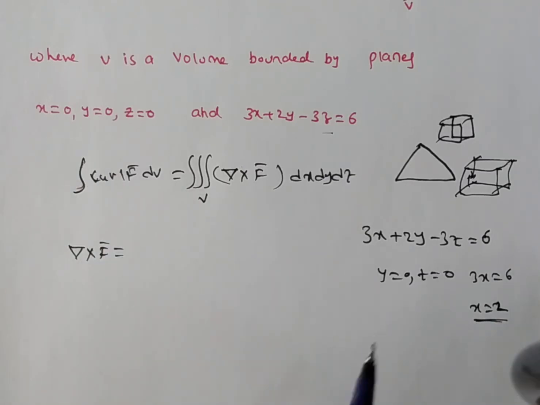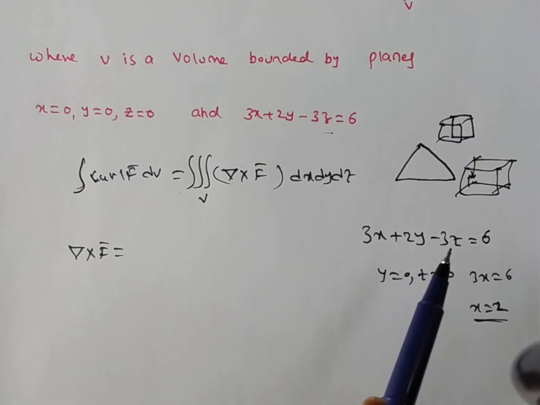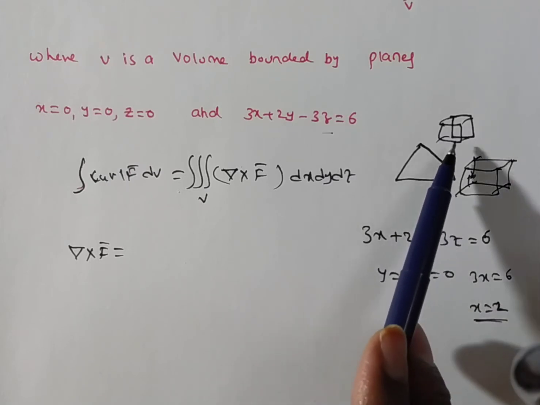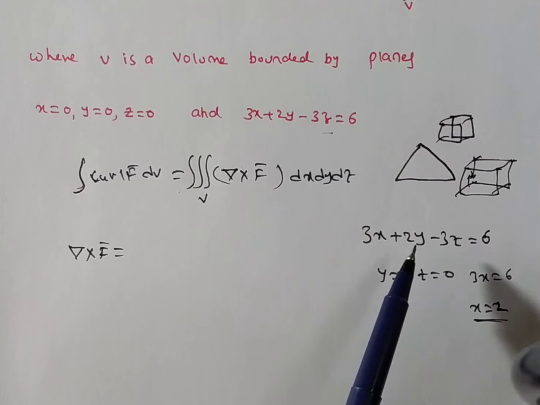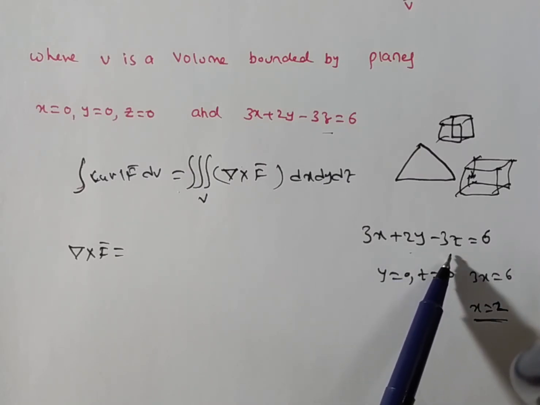From here to here. Next, I want the y value. If I want the y value, don't put both x and z as 0. You have to put only z equal to 0, because this is not a cube or cuboid. If you put x equal 0 and z equal 0, you will get a constant y value. Similarly for z, if you put x equal 0 and y equal 0, the z value will be constant.